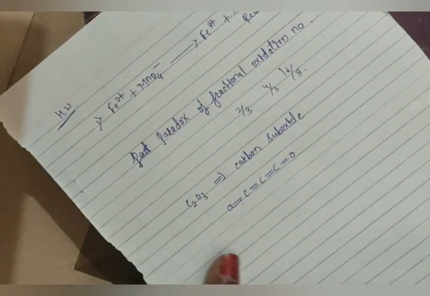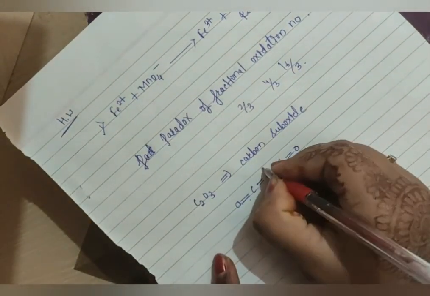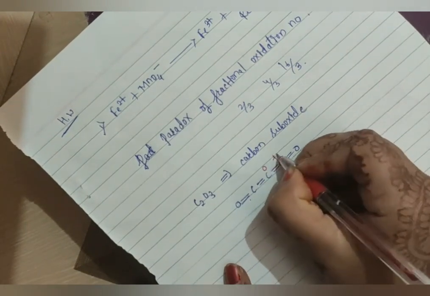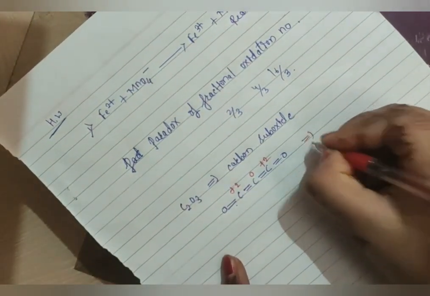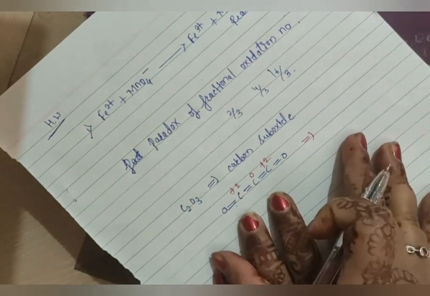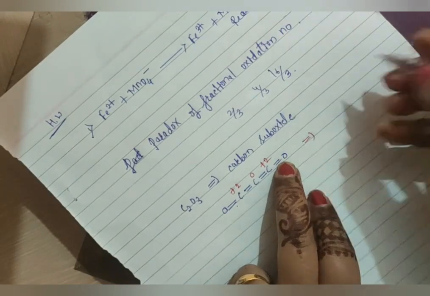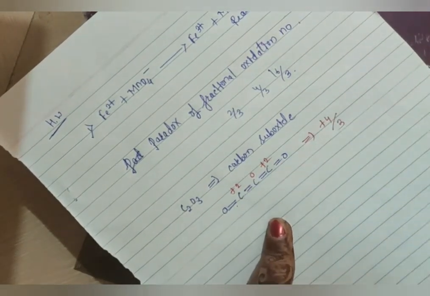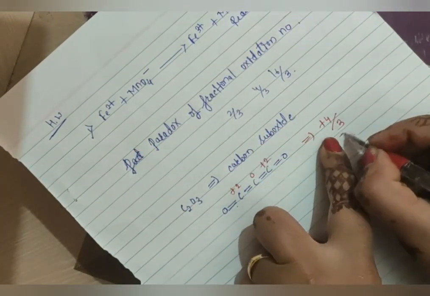Total we have 3 carbons. The middle carbon has 0 oxidation number, and the 2 side carbons have plus 2 oxidation number each. When I combine, I get plus 4, and total we have 3 carbons, so divided by 3. So the oxidation number of carbon in carbon suboxide is 4 by 3.